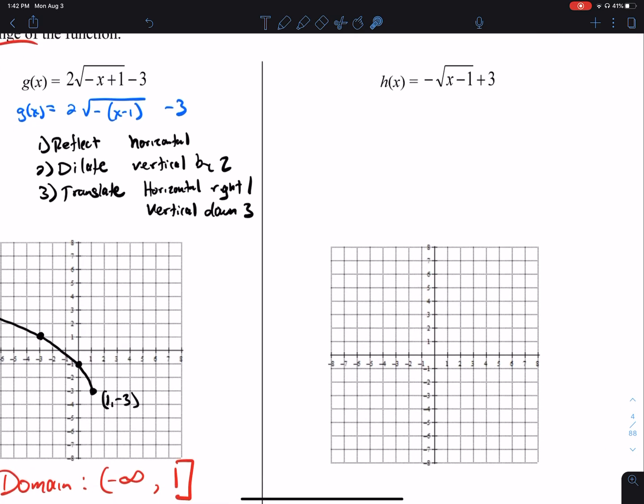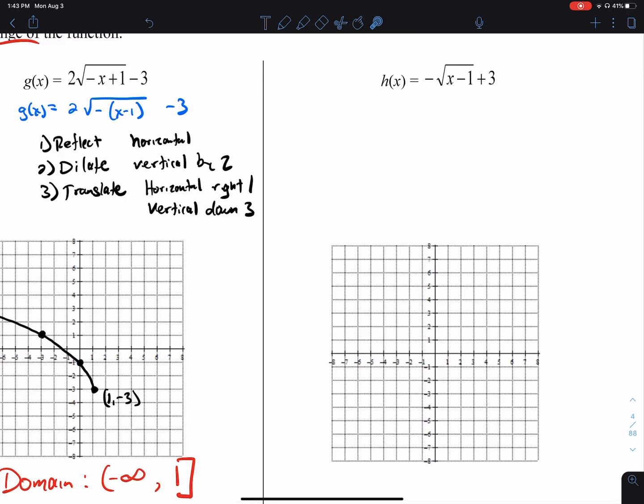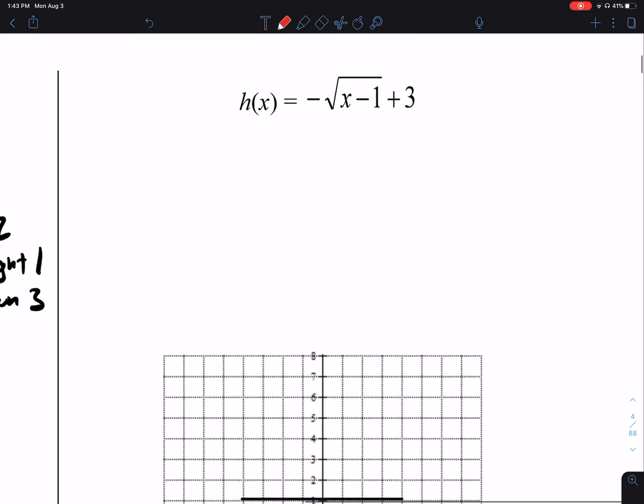Let's do the next one. Once again, the direction should have also included graph it. Once again, we do not want the coefficient of x to be negative, and it isn't, so we're good there. Are there any reflections? There's a vertical reflection. This here gives us a vertical reflection. Are there any dilations?